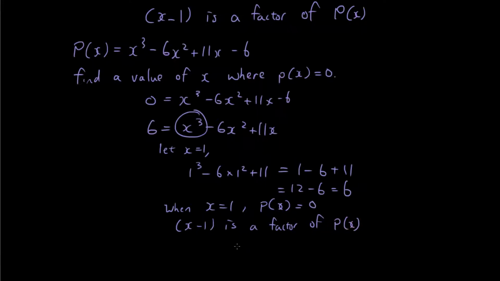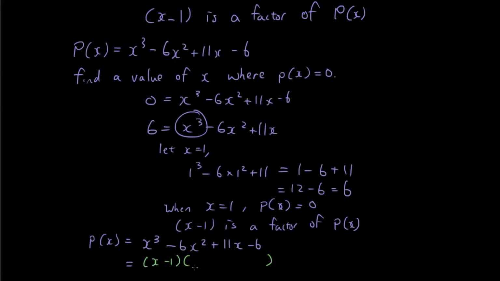So therefore you can rewrite p of x, instead of x cubed minus 6x squared plus 11x minus 6, as equal to, I'm going to put x minus 1 at the front, and you're just going to manually write in the second bracket what multiplied by x minus 1 will produce this equation.